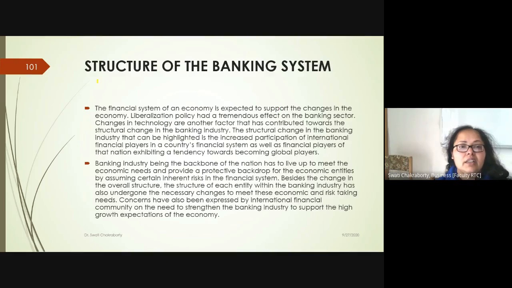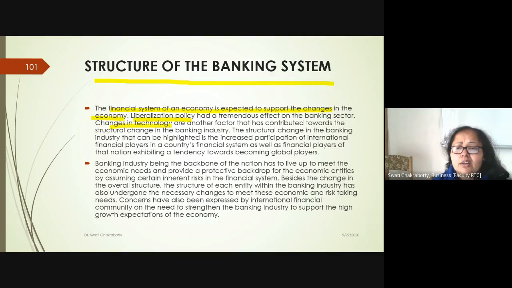Okay, we go to the next part, the structure of the banking system around the world. The financial system of any economy is expected to support the changes happening in the economy. The banking sector has been affected to a great extent by the liberalization policy. Another factor is changes in technology, which has also affected structural change in the banking industry.